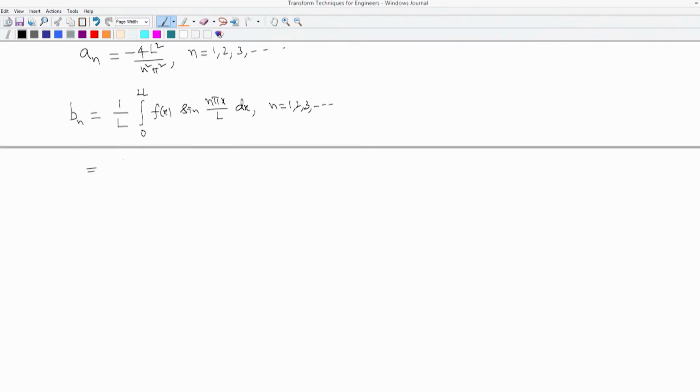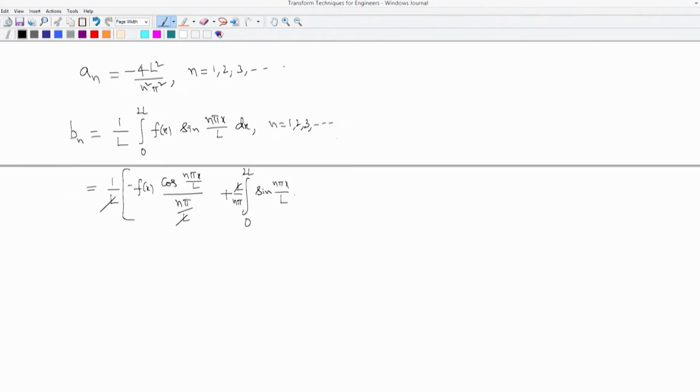So, if you do the integration by parts twice, you have 1 by L f x times minus cos n pi x by L divided by n pi by L. This L L goes, minus minus plus, integral 0 to 2 L, and you have 1 by n pi, L by n pi, but L goes again with the outside L, and this is sin n pi x by L into f dash, that is 2 L minus 2 x, with sin.